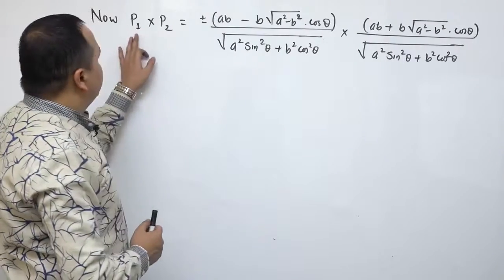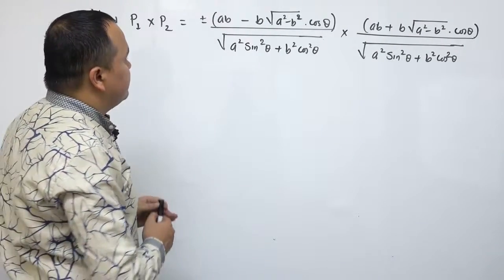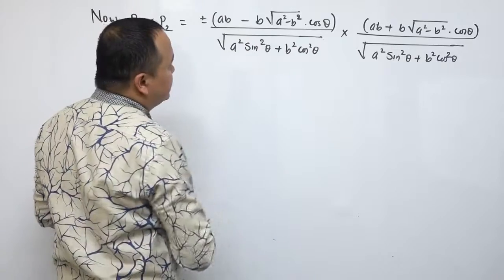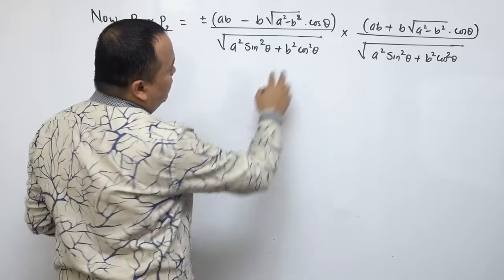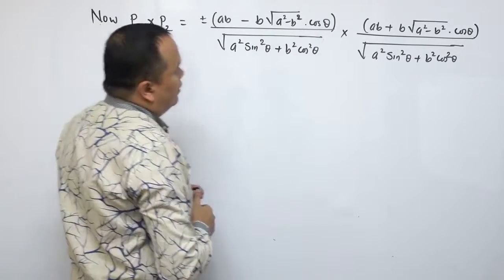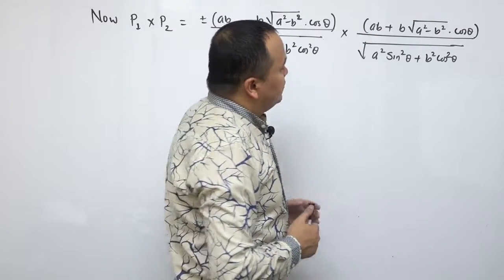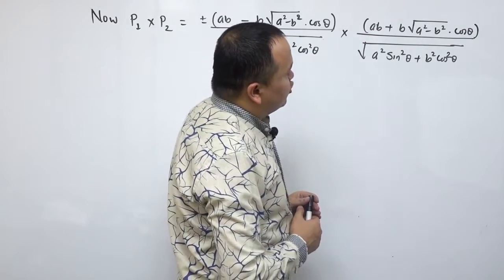Now P1 into P2 is plus minus AB minus B times root over A square minus B square cos theta, into AB plus B times root over A square minus B square into cos theta.